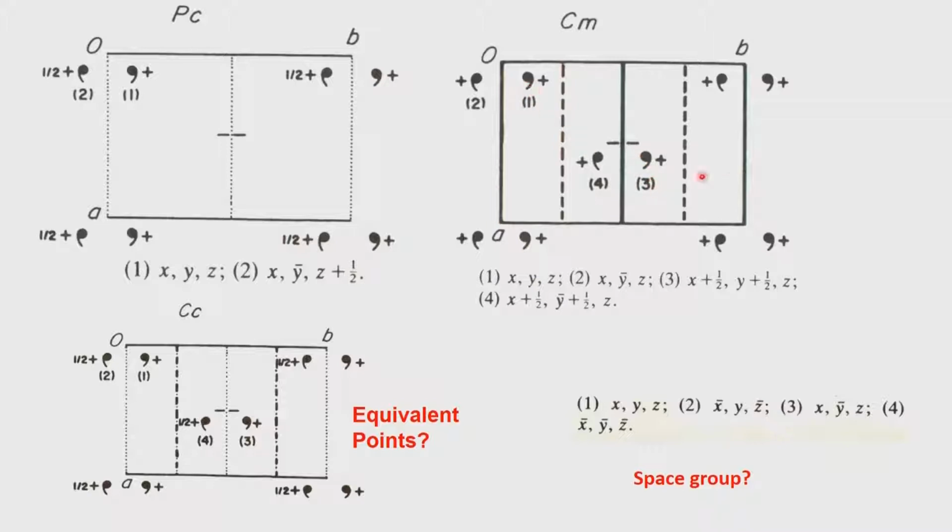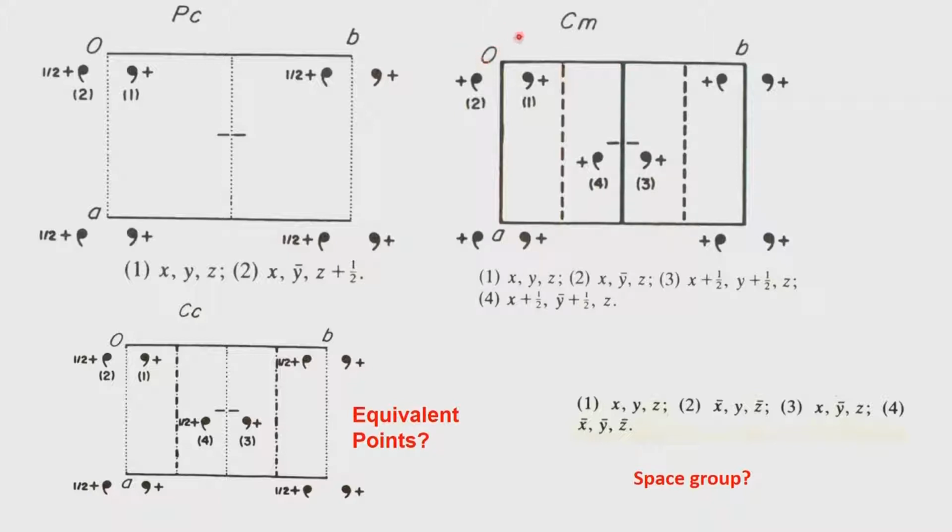So, 1 and 3 are related due to the presence of the C centering, and now of course, the mirror operates. The mirror operation will take this point onto 2, the simple mirror operation, and this point also will add half and half. So, you will get this point, and you see that there is a mirror which is automatically generated in the middle.